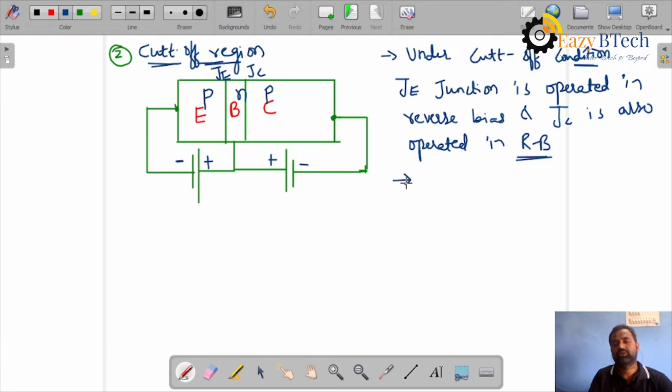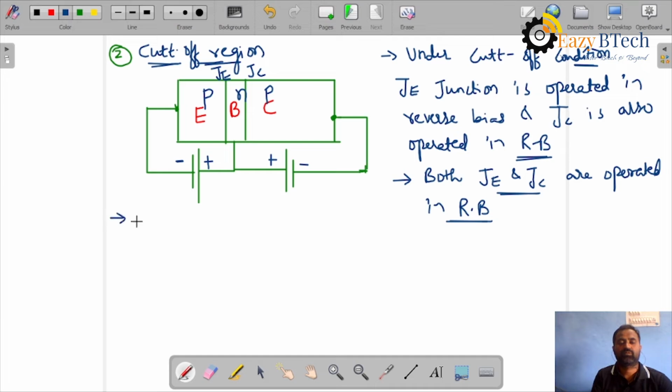Both JE and JC are operated in reverse bias.